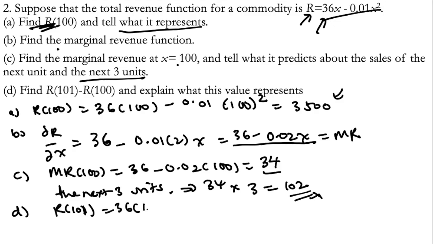So 36 times 101 minus 0.01 times 101 to the power of 2.